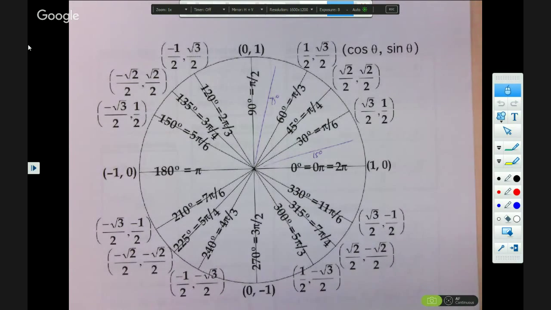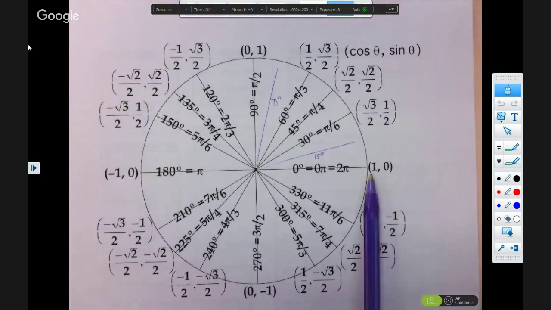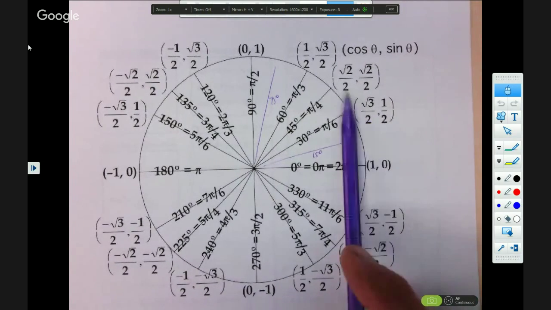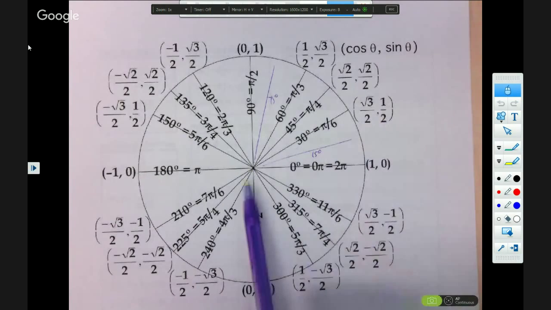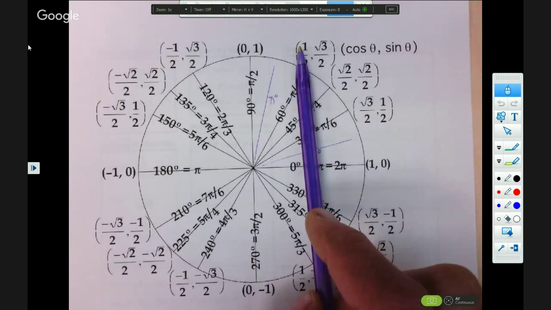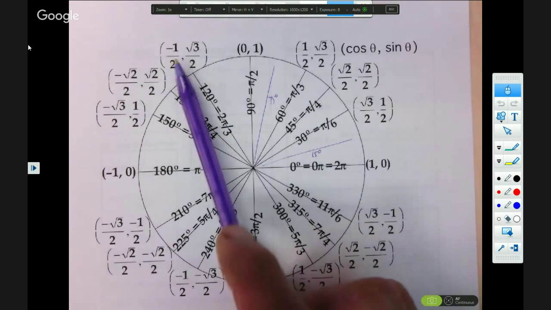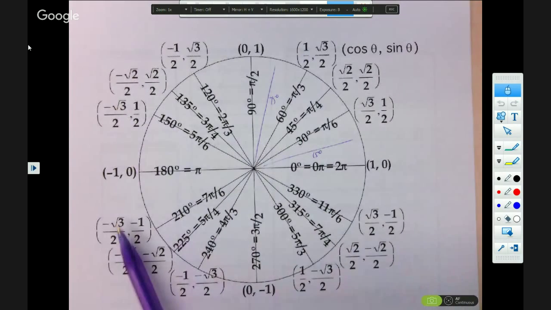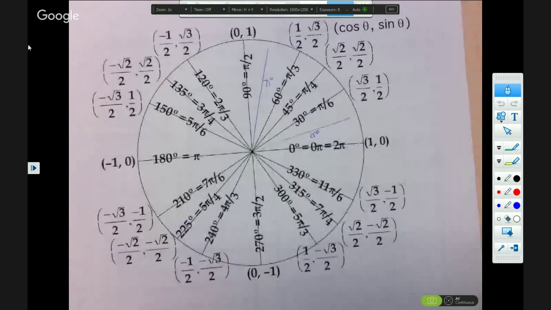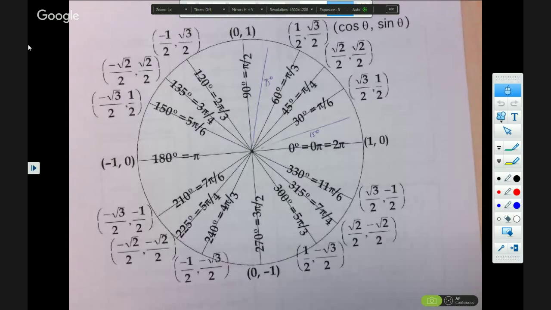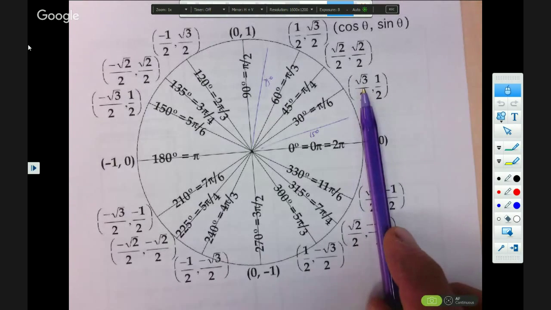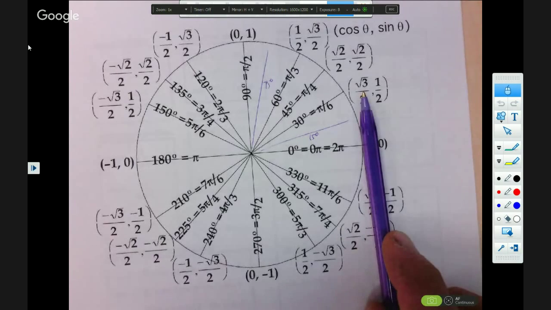Okay, look at this. Look at all the fractions. They're all over 2, right? 3, 2, 1. 1, 2, 3. 3, 2, 1. 1, 2, 3. Those are your cosines. Now you have to remember that they're all over 2 and that you have some square roots there, but that pattern holds pretty well.